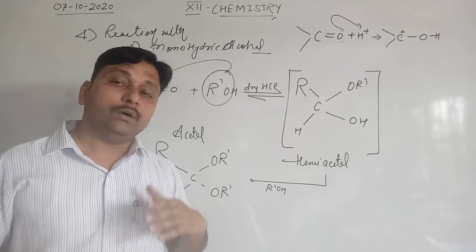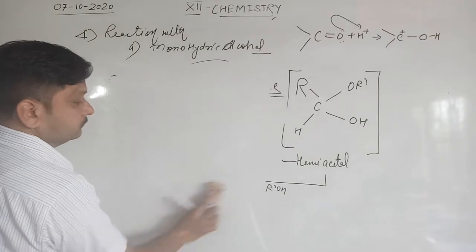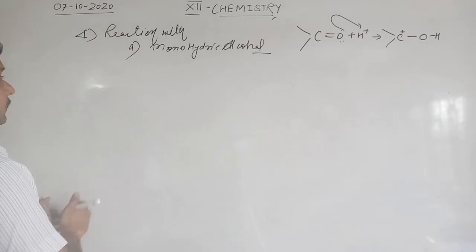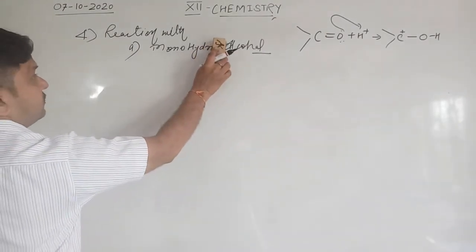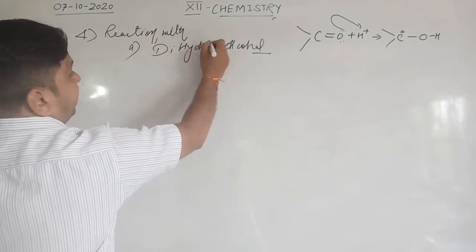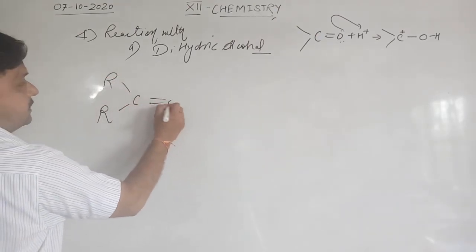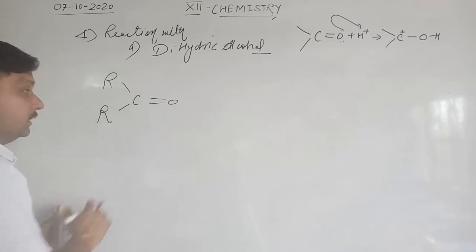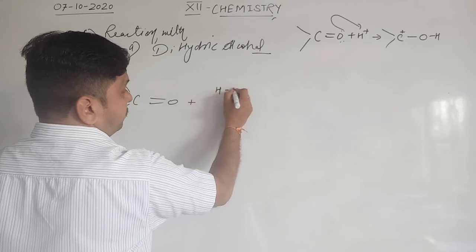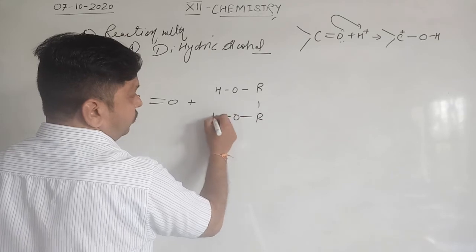Clear? Now if we talk about the ketones, ketones react with dihydric alcohol. See here, this is the ketone, RCOR, and this ketone reacts with the dihydric alcohol like that, HO R OH.